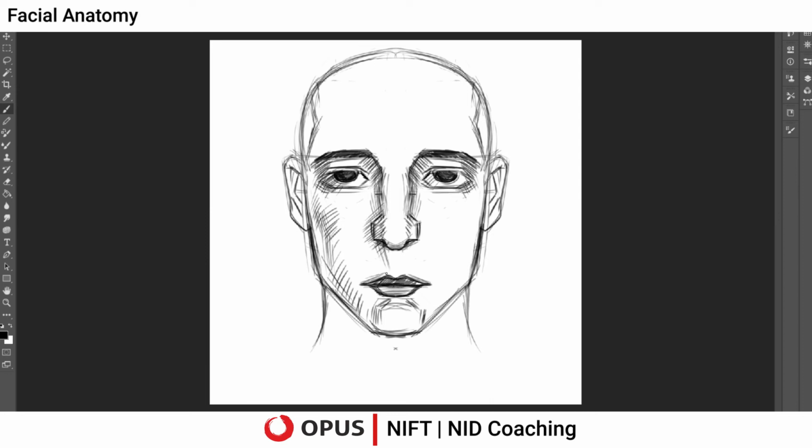So once you understand how to construct the face with various basic structure, you would be able to draw any human face wherever required.